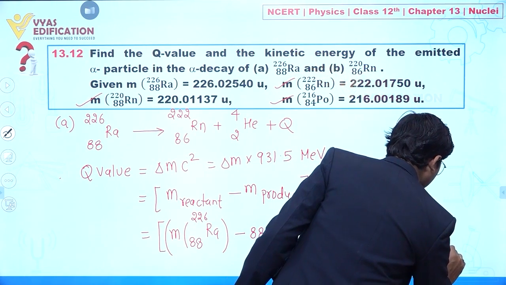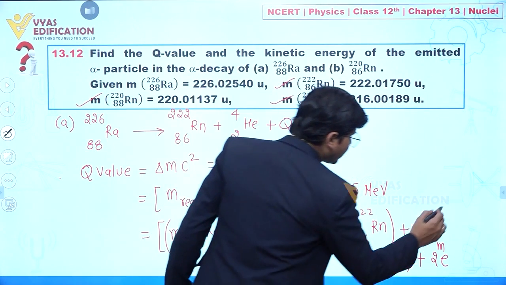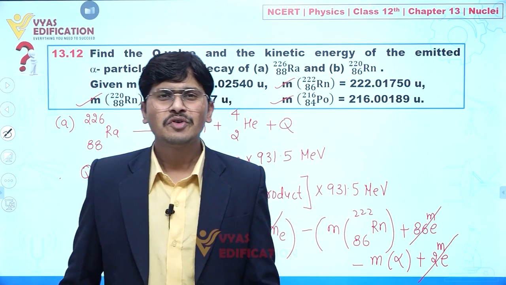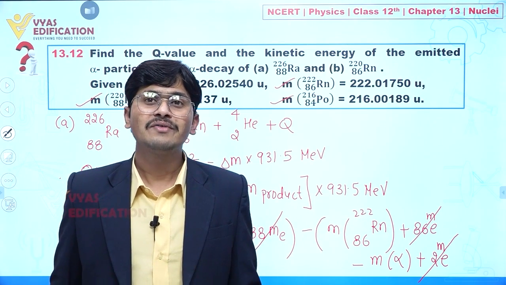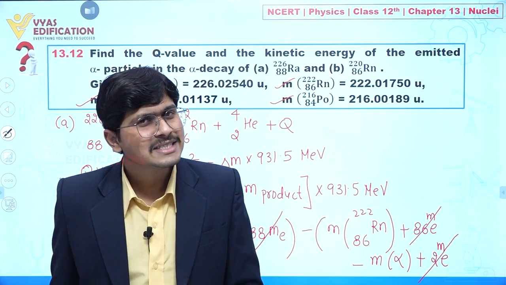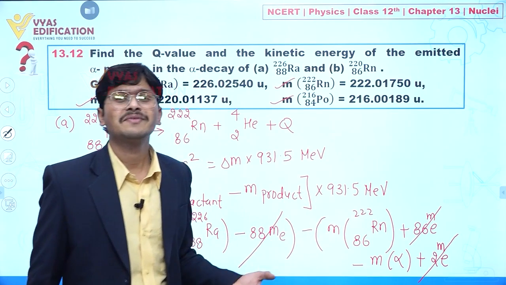Now you can see this 88 Me, 86 Me and this 2 Me will be cancelled out. Clear? So you will find that whenever positron emission or electron emission is taking place, in this case definitely there is a significant change due to the mass of an electron.